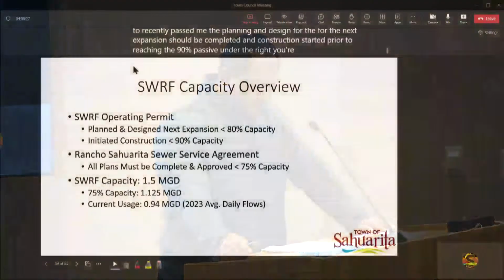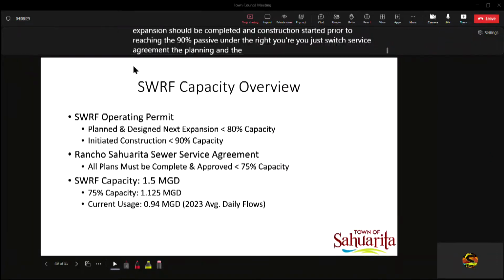80% and 90% capacity are two important milestones under the APP permit. Prior to reaching 80% capacity, the planning and design for the next expansion should be completed, and the construction started prior to reaching the 90% capacity. Under the Rancho Sahuarita Sewer Service Agreement, the planning and design for the next expansion should be completed and approved prior to reaching 75%.